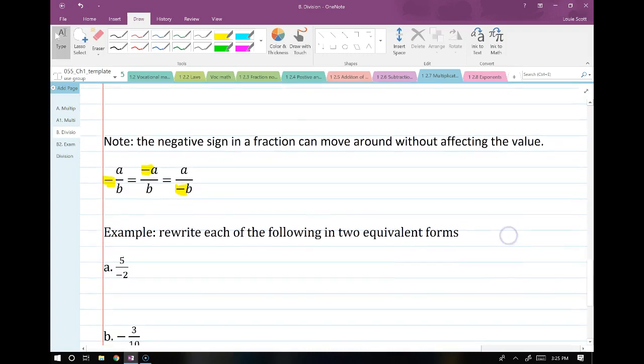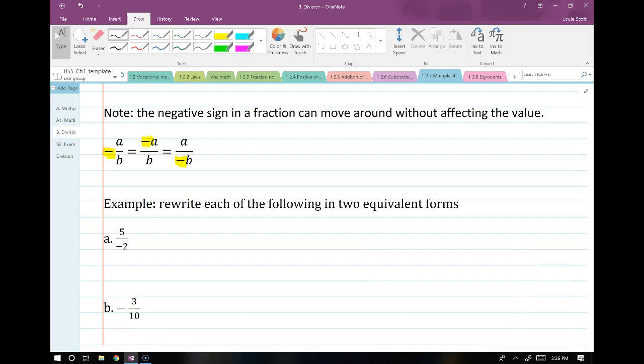So in these examples, they ask us to rewrite these in two equivalent forms. And so we do that by just shifting that negative sign around. Okay, so this 5 over negative 2, we can rewrite that as negative 5 over positive 2 if we want, or we can shift that negative sign all the way out front to give us negative 5 over 2 as a whole. All right, so all those are equivalent.